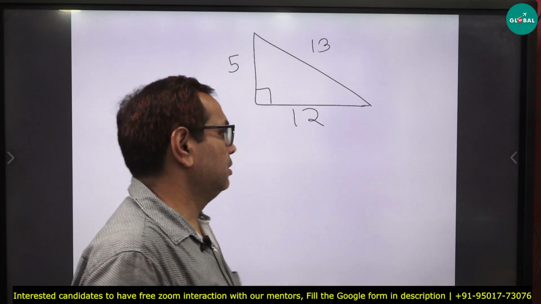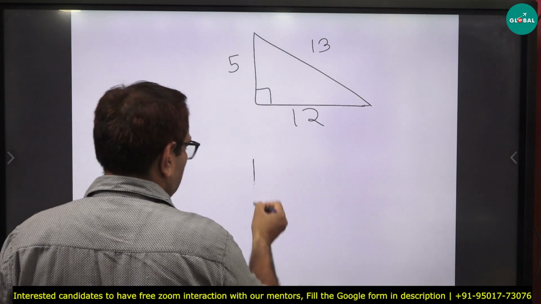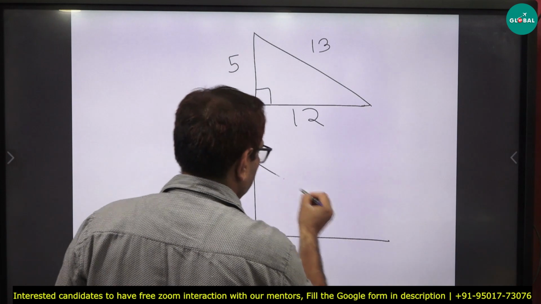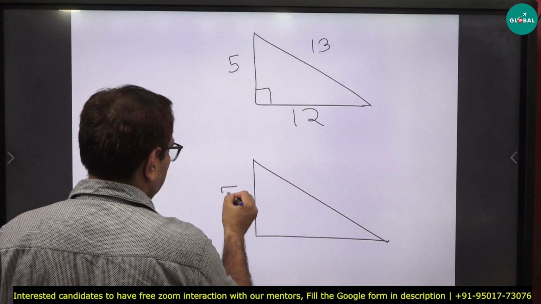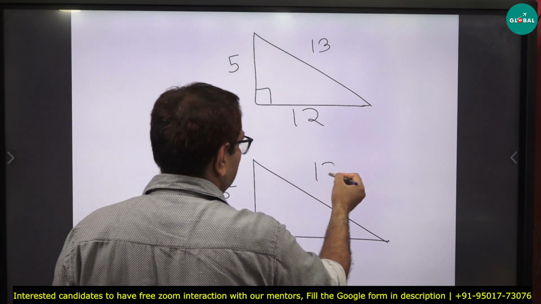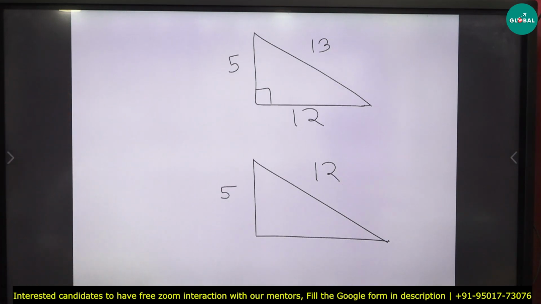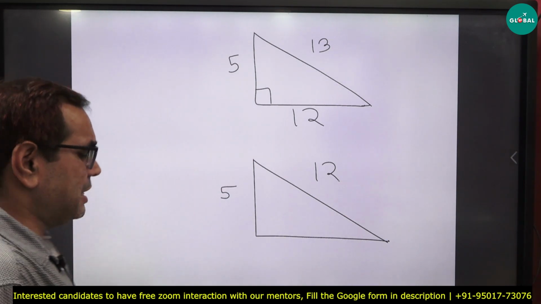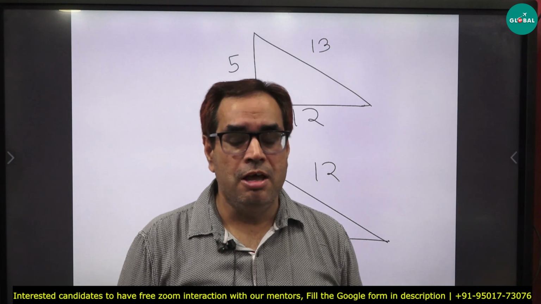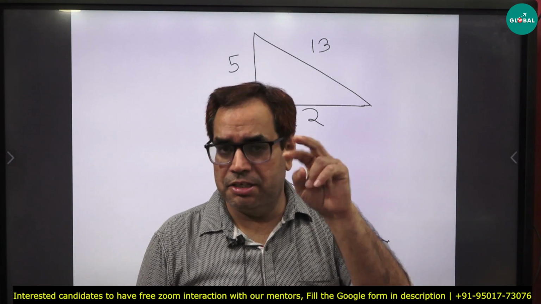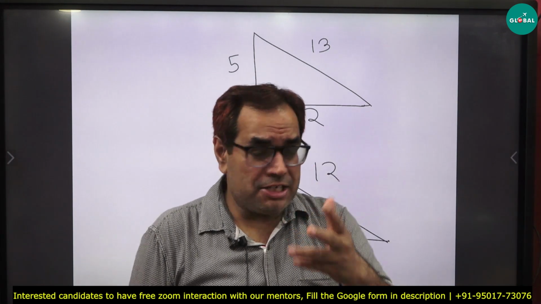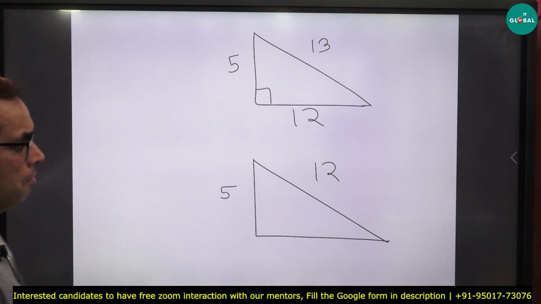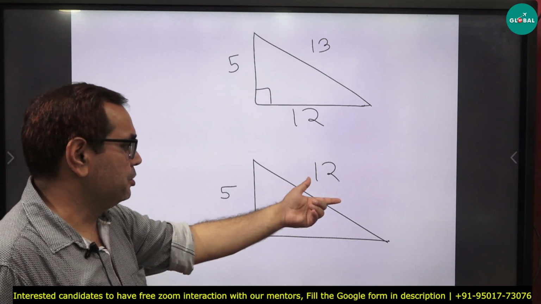But there may be the possibility that this side is 5 and this side is 12. This also may be the situation, because they said two sides of the right triangle are 5 and 12, but which two sides they did not mention. So in this case, this is the hypotenuse.